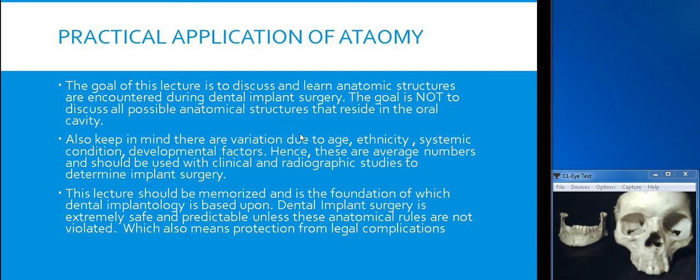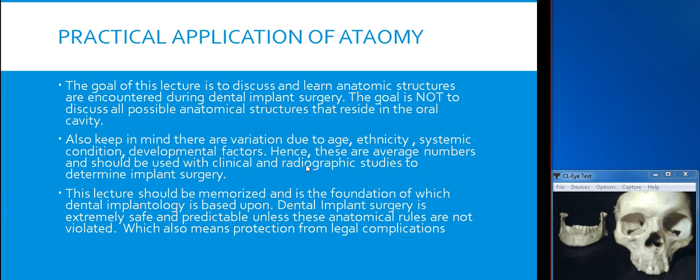That being said, it gives us a good idea what to expect, or at least a mean of averages, so you know at what point we're going beyond the mean in certain areas when you're so close to the mental foramen or the inferior alveolar canal or even at the sinus. I would also say that you should literally memorize this lecture. It's the foundation of which dental implantology, from my point of view as a surgeon, is based upon.